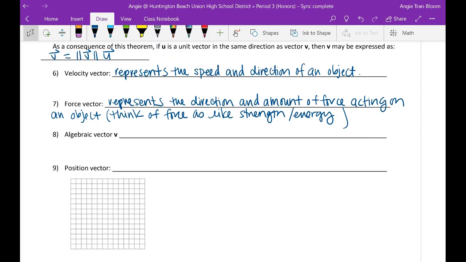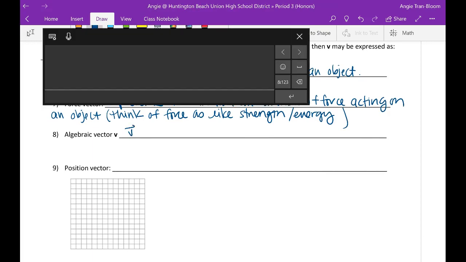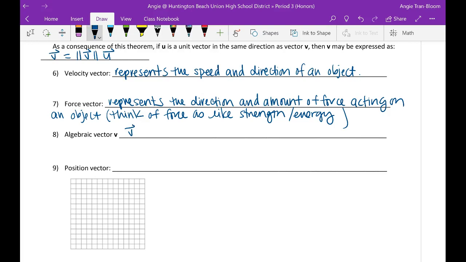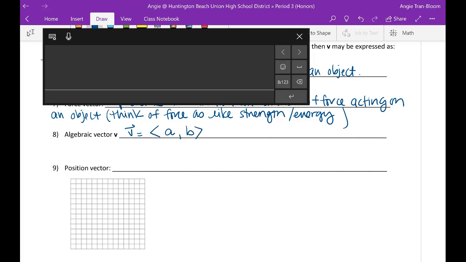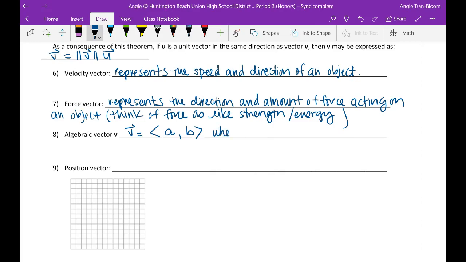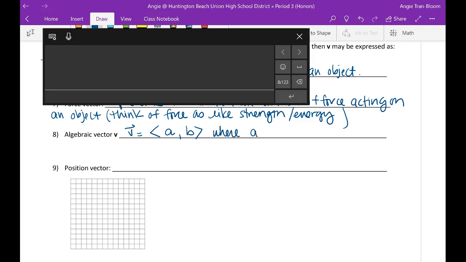Algebraic vector v. Let's give you the vector notation by hand. Algebraic vector v is written with an arrow, and in here we have two components, an a component and a b component, where a and b are real numbers.